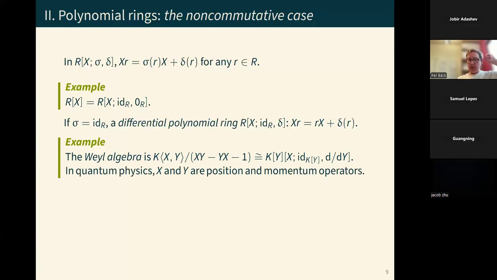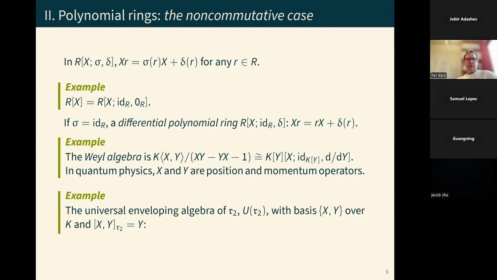The Weyl algebra comes from quantum physics, where x and y play the role of a position and momentum operator. From this rule, x times y equal to y times x plus 1, you get, for instance, the famous Schrödinger relation, and Schrödinger's cat being dead and alive, as a consequence of this defining rule in an Ore extension.